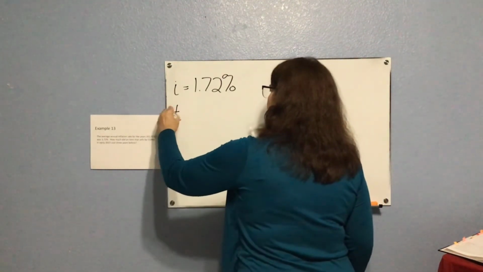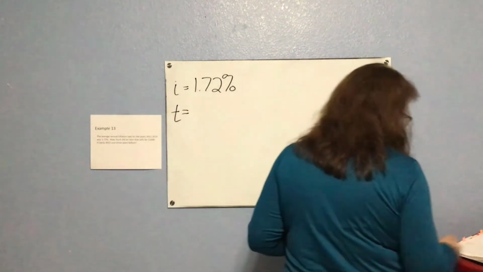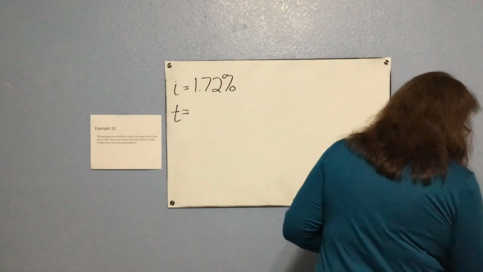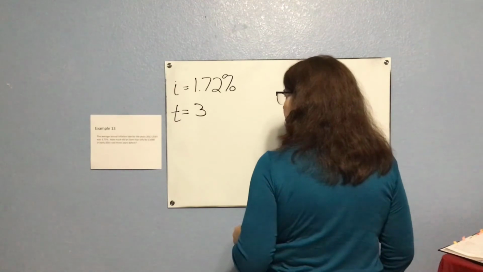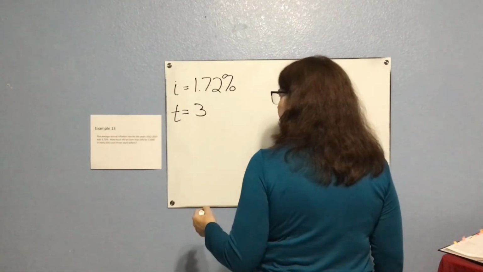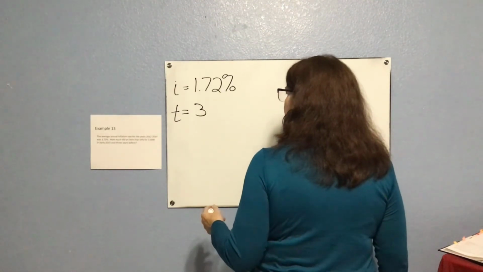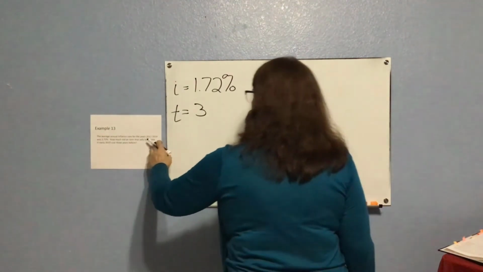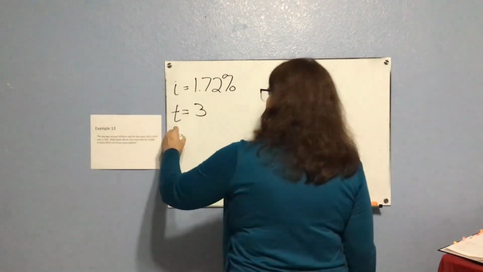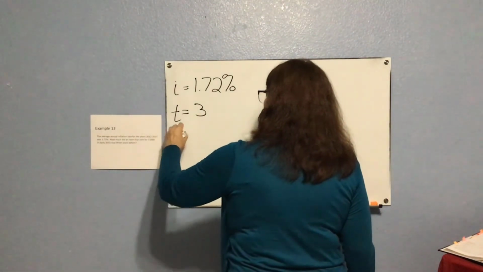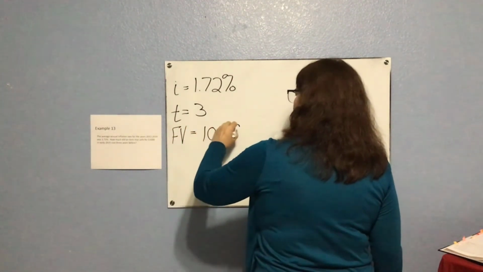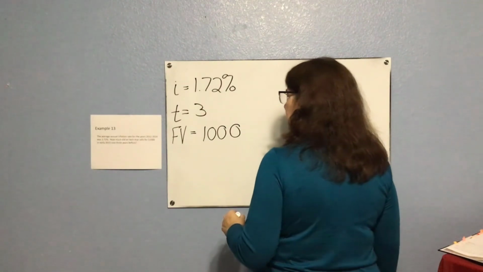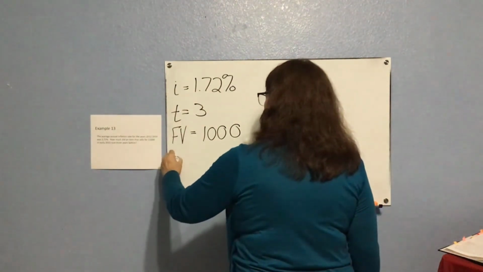So my T is going to be 3 years. And they give us, at the end of the time, a price of $1,000. So that is our future value, because it's the value at the end. And they want to know, well, what did it cost 3 years before?